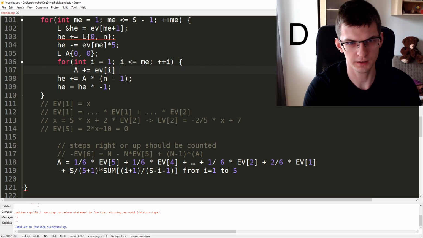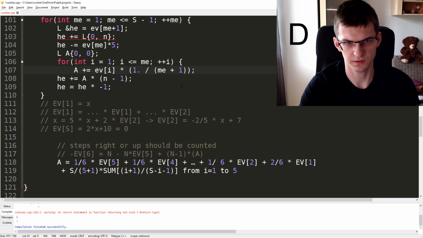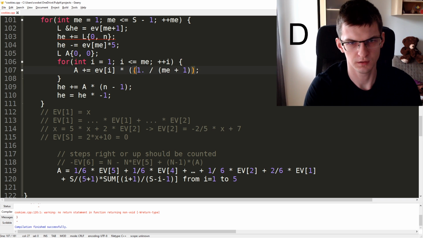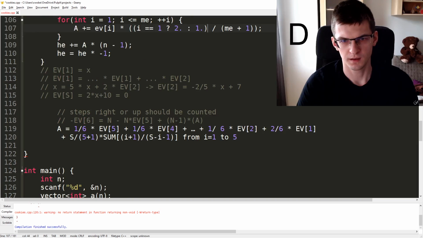EV of I times 1 over n, me plus 1. It's 1/6. If I equal 1, then it's 2, otherwise it's 1. Here we have 2/6.